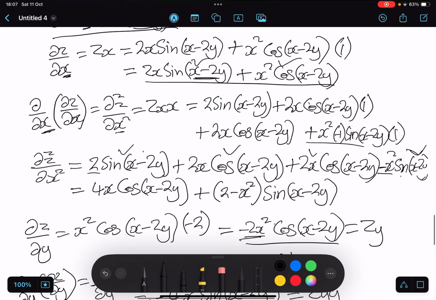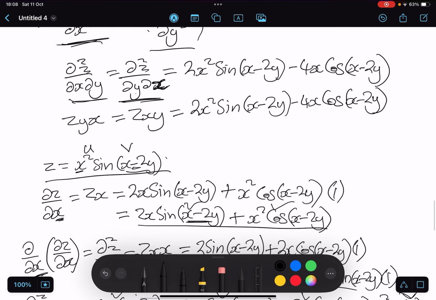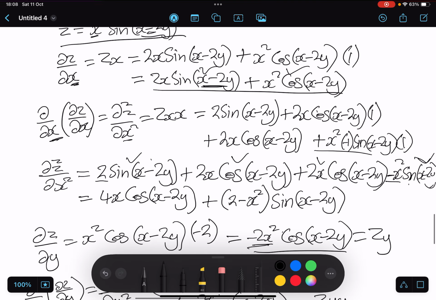Okay, so now we have done these two tasks, A and B. Now we need to show that this is equal to this. We need to show that z_yx is equal to z_xy. So how do you do that? Let's find z_yx first.